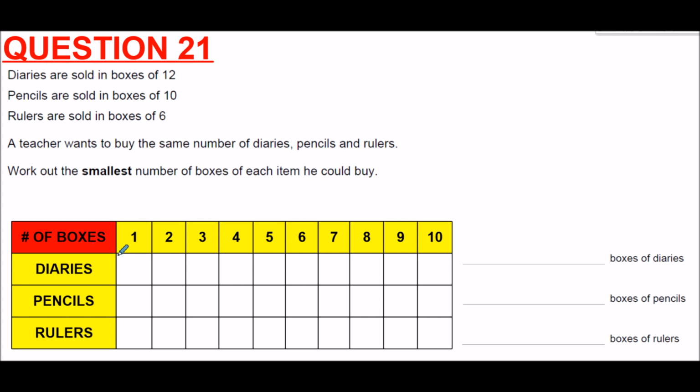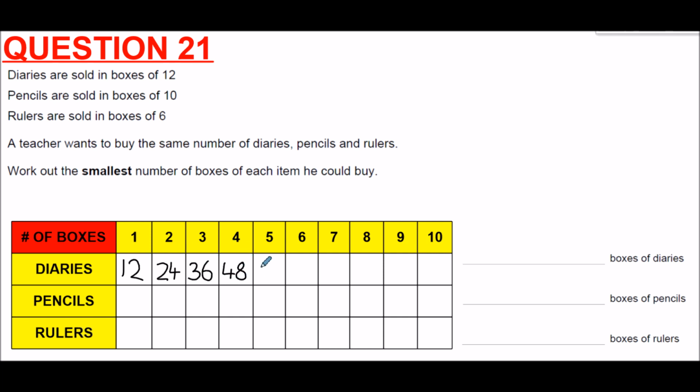So think about the diaries first. Diaries are sold in boxes of 12. So one box of diaries would be 12 diaries. Two boxes of diaries would be 24. Three boxes would be 36. It's essentially the 12 times table because we're increasing by 12 each time.